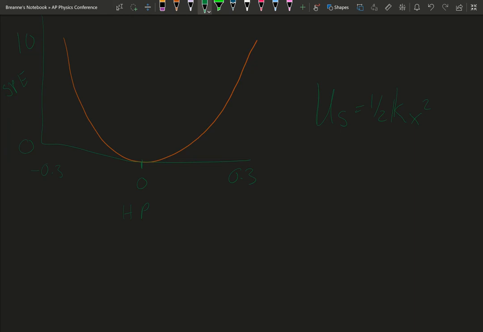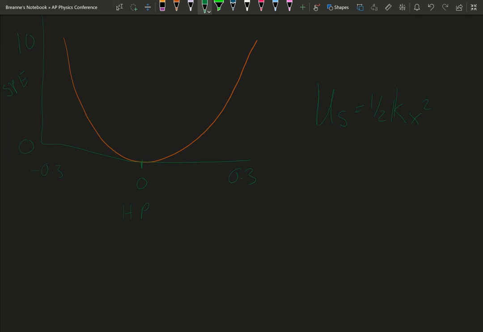So it says a block of mass 0.4 kilograms on a horizontal surface is attached to a horizontal spring of negligible mass. The other end of the spring is attached to a wall, and there is negligible friction between the block and the horizontal surface.